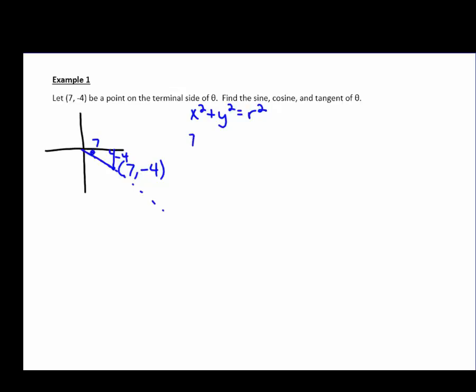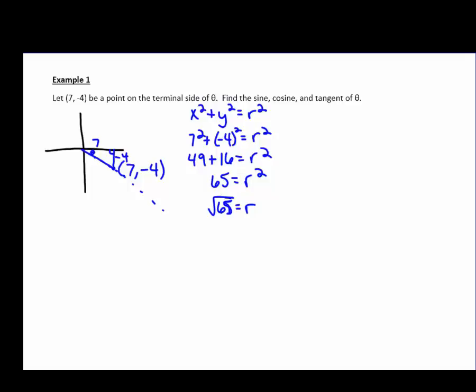So 7 squared plus (-4) squared equals r squared, or the hypotenuse squared. So 49 plus 16 equals r squared, so 65 equals r squared. So r is the square root of 65.